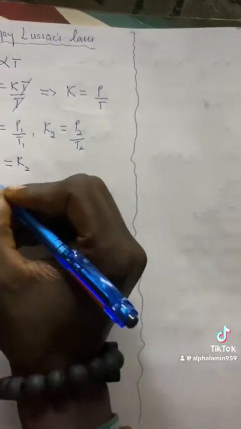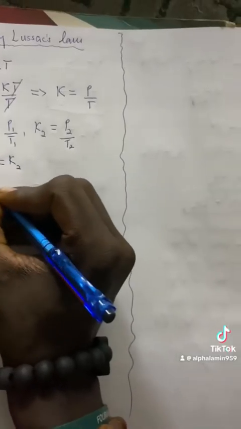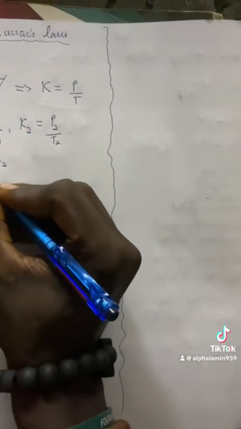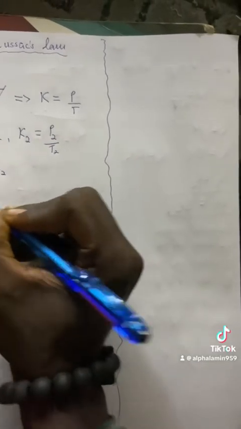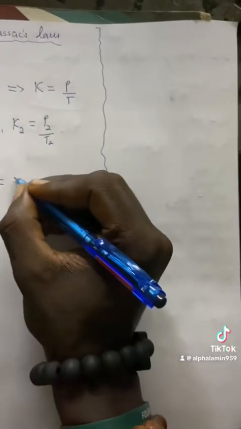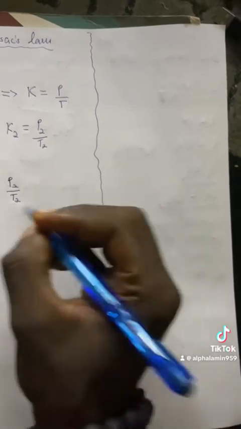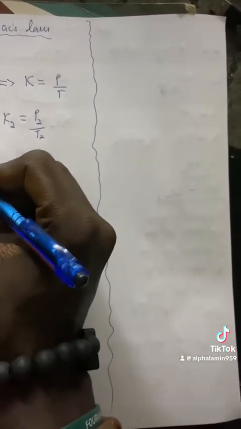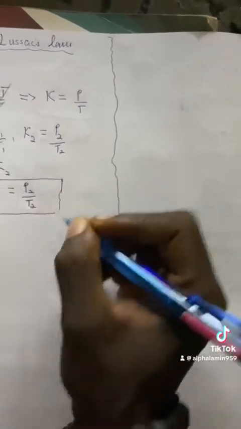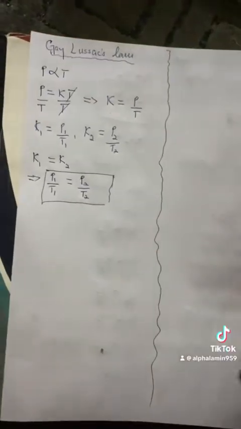So this implies that we know what K1 is. It is P1 over T1, and we know what K2 is. K2 is P2 over T2. So this is the relation that we can use to solve problems under Gay-Lussac's law.